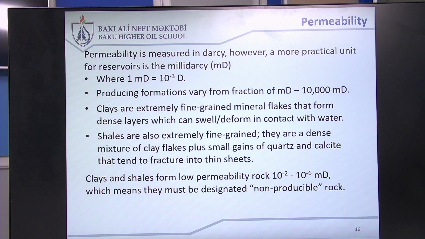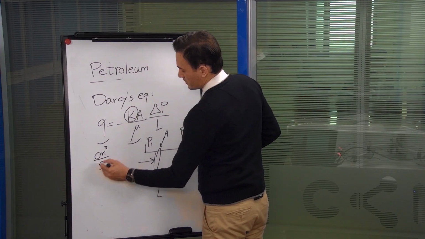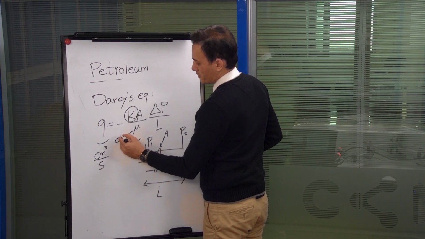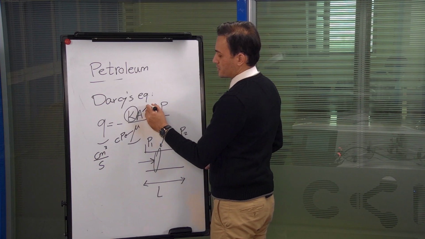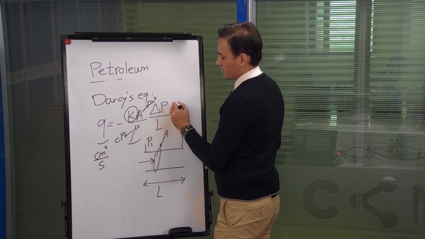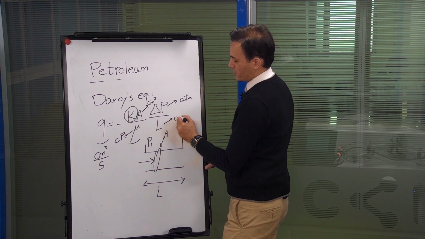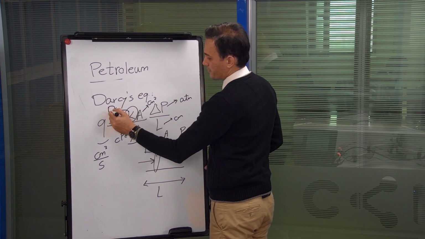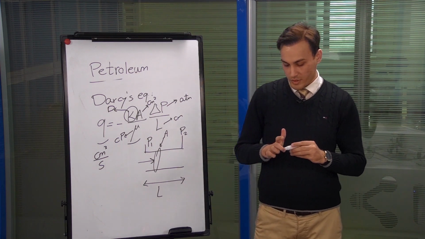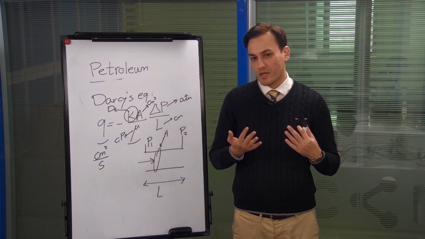So here we said that in Darcy's equation, the units are cubic centimeter per second for the rate, centipoise for viscosity, square centimeter for area, and atmosphere per centimeter for the pressure gradient, and we will have the Darcy here. So these are the units. But in reality, Darcy is a very big value.